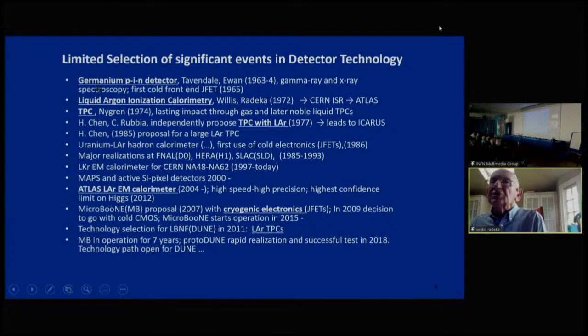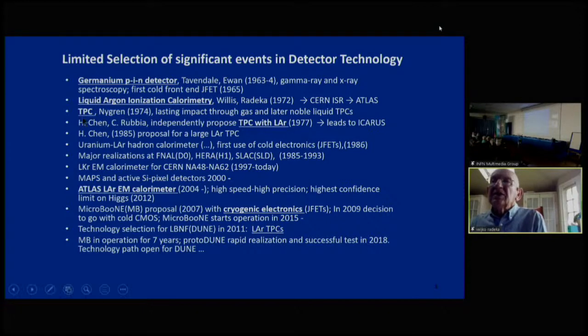First was the germanium detector development, started in 1963 and going very strong now. Next was the liquid argon ionization chambers, which have obviously been in use and also will be in the future. Next is the time projection chambers, a very important development in continuing use all these years and into the future.